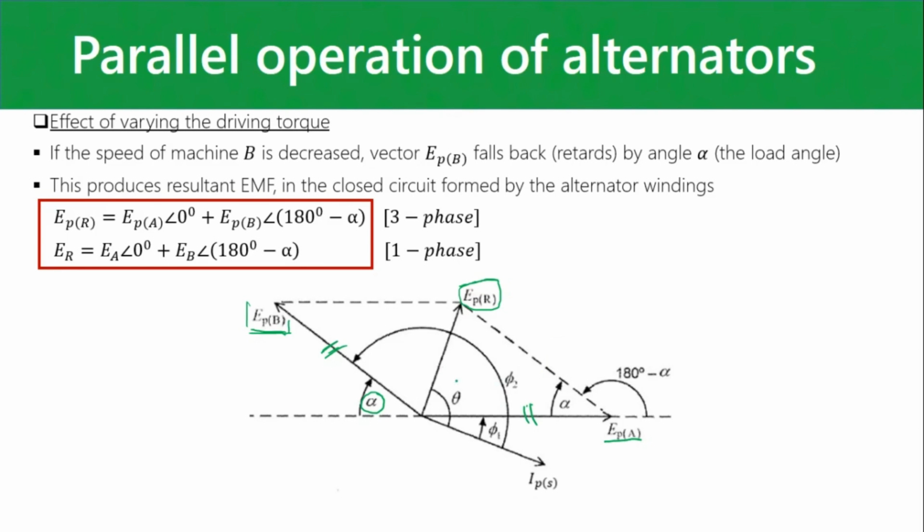So this angle, we make that our reference, 0, and then this angle will be 180 minus alpha. If we add that, we get this resultant voltage between these two alternators.